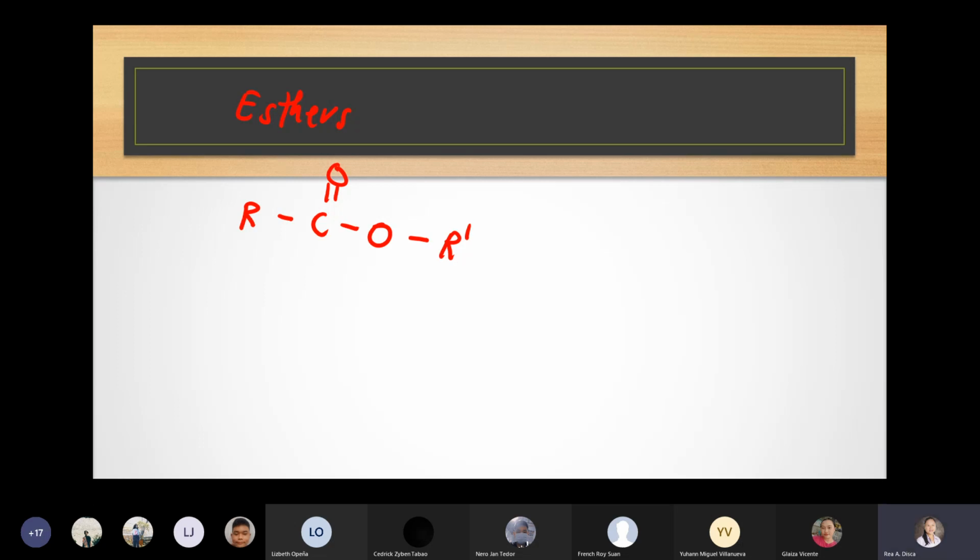Esters are named by first giving the name of the alkyl group which is attached to oxygen, and then identifying the carboxylic acid. In doing so, the IC is replaced by ATE. For example, ethyl.